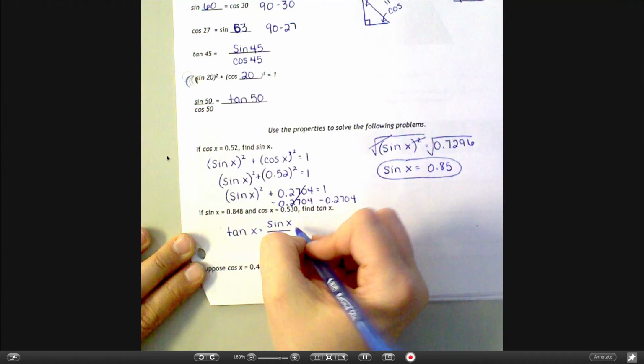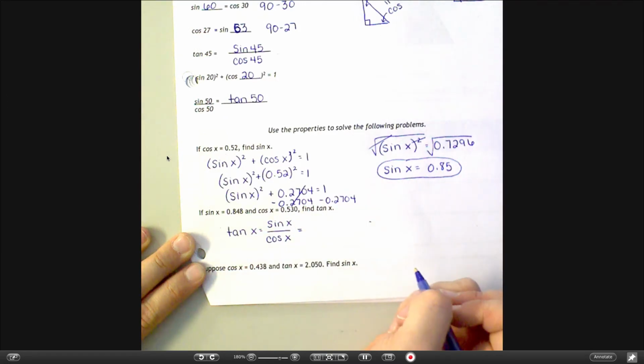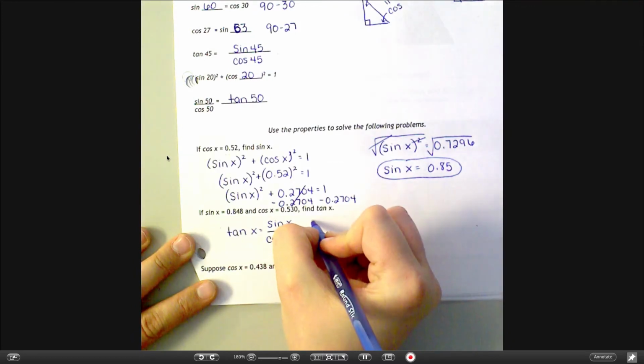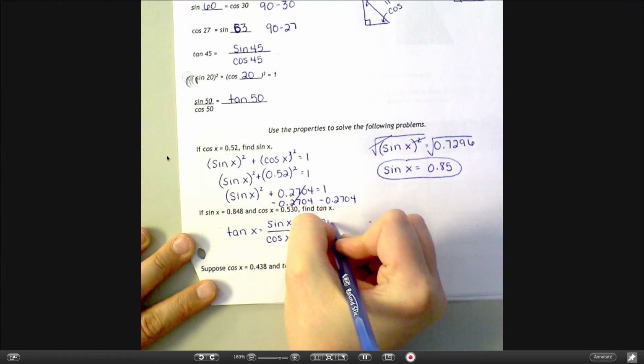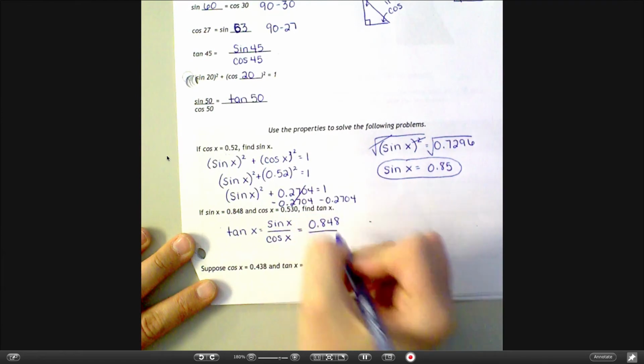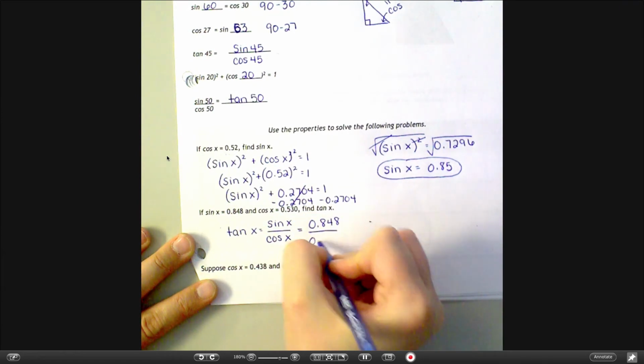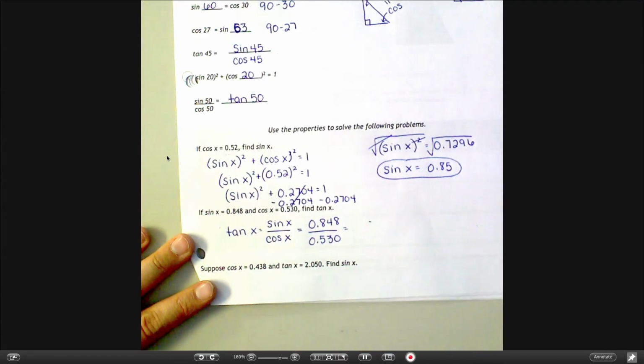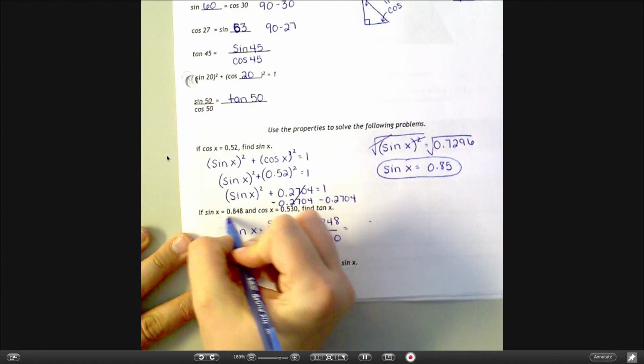Yeah. What's sine of x in this problem? Sine of x is 0.848 divided by 0.530. And then let's just do that division. Wait, where'd you go? Oh, from the problem. Never mind. Right here. I see it.